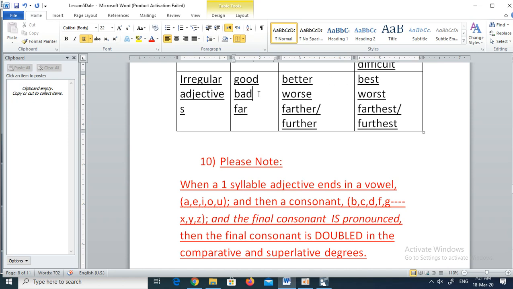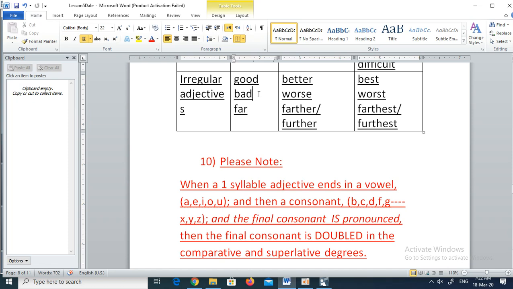If we look at the adjective bad, the word in the positive degree is bad. But we do not make the comparative and the superlative degrees by saying badder and baddest.